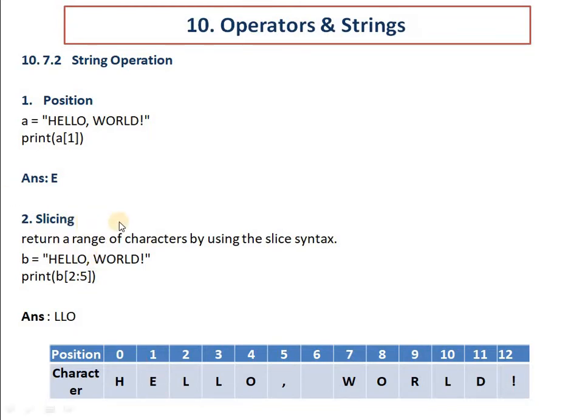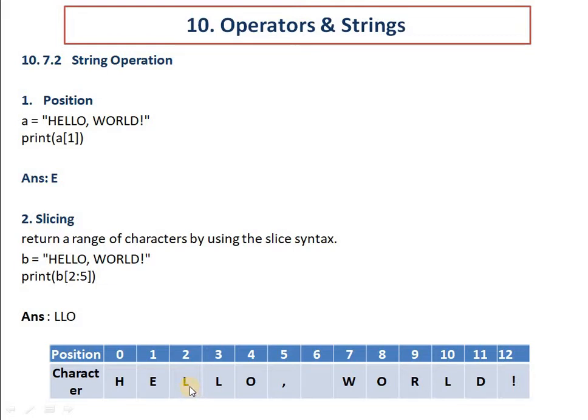The second option is slicing. I am going to slice a portion from the string. B is equal to hello world. I am asking print B of 2 to 5, that is 2 colon 5. It will start slicing from the second position onwards till the 4th position.